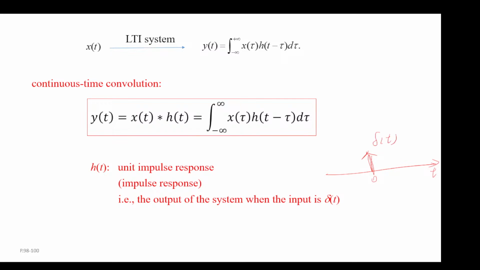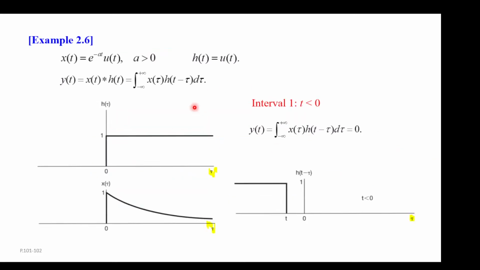So that's the continuous time convolution, and just like discrete time, we'll have a lot of examples, some homework, and tests on the convolution between some x and h. Let's see some of them. This is similar to what we saw before.